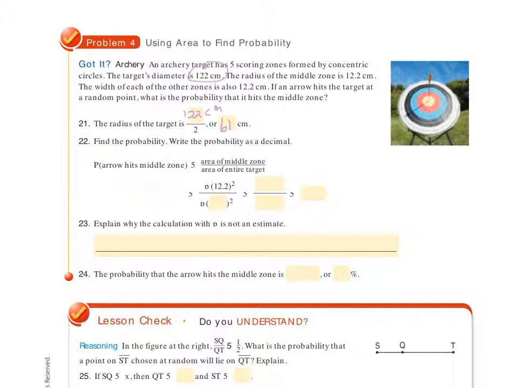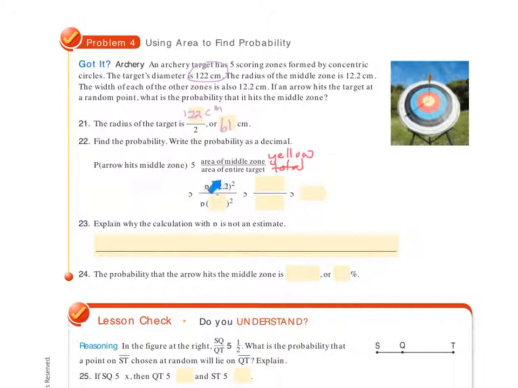So find the probability. Write the probability as a decimal. So the probability that the arrow hits the middle zone. So I have to find the area of the yellow part of the target, the area of the middle zone, over total. Here's their weird notation, but this is the probability of the area of the middle.